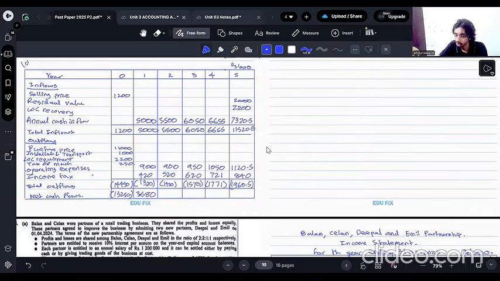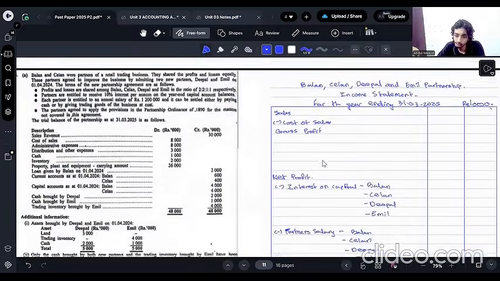Year 2, 5,500 minus 1,420, that is 4,080. Year 3, 6,050 minus 1,570, that is 4,480. Year 4, 6,655 minus 1,771, that is 4,884. Year 5, 11,520.5 minus 1,960.5, that is 9,560. So these are the net cash flows.